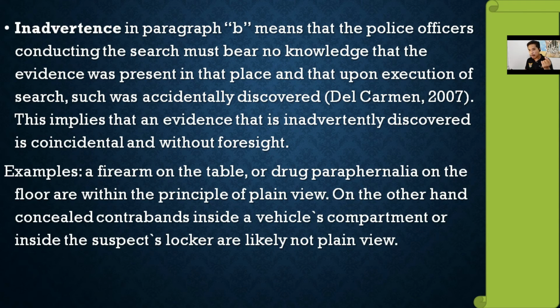Simply because, number one, he has no search warrant. Number two, he did not follow the plain view doctrine. Supposedly, during a checkpoint, it should be within plain view. It is plainly stated in the guidelines on the conduct of checkpoints that there should be no opening of any compartment of a motor vehicle, or any vehicle for that matter.